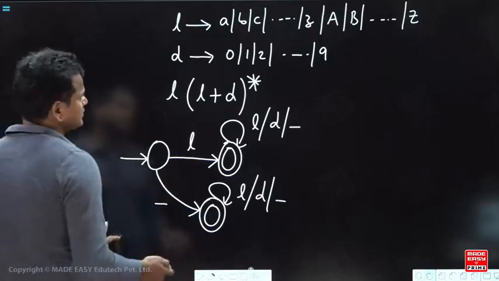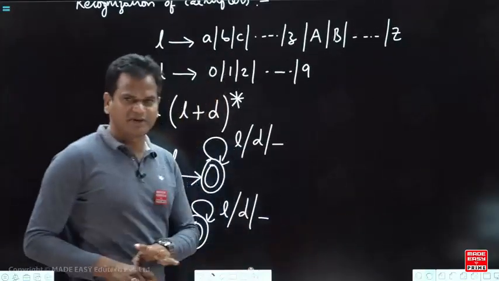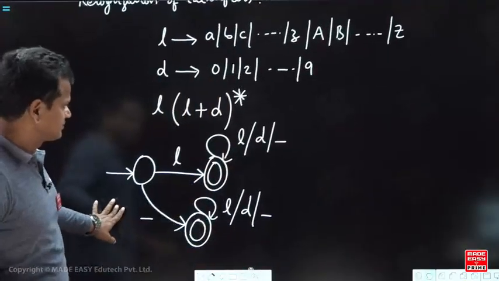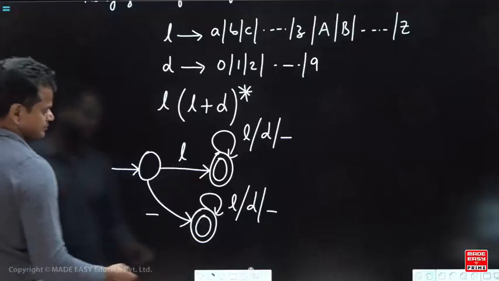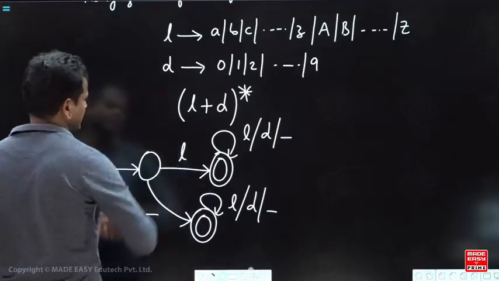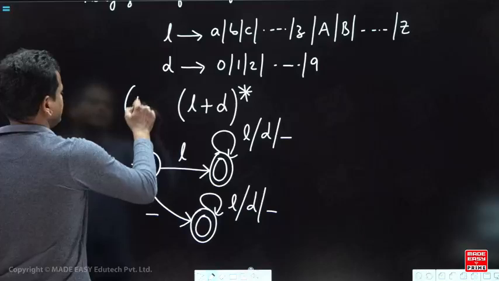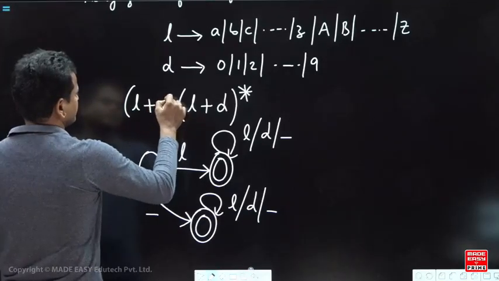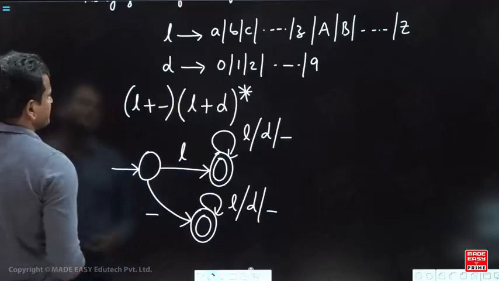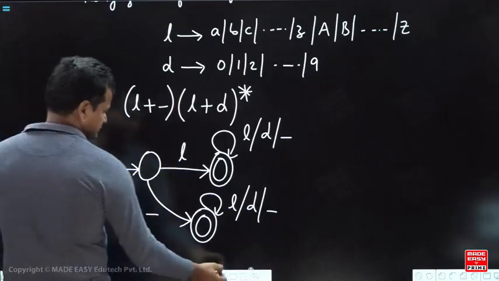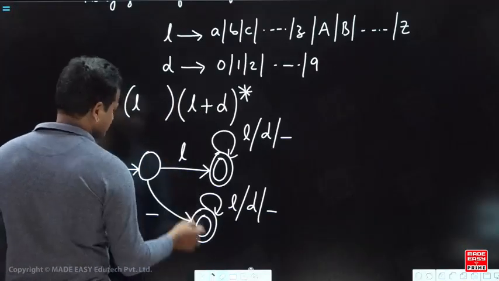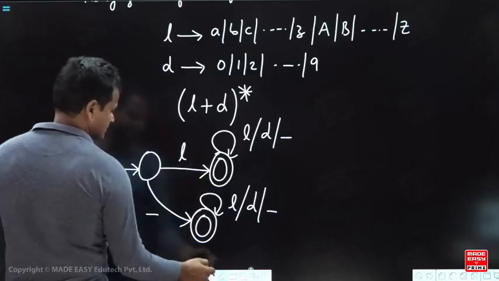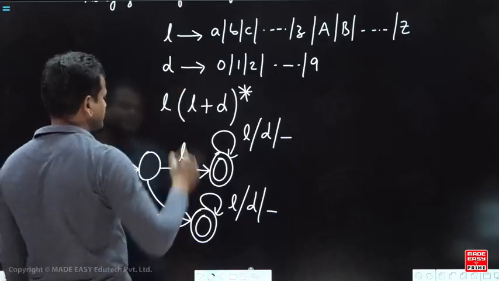I don't want to make it more confusing, so just copy this one. If you want more, I will write like this: letter or underscore followed by (L plus D) whole star. You will misunderstand this, so that is the reason I am writing this one only.